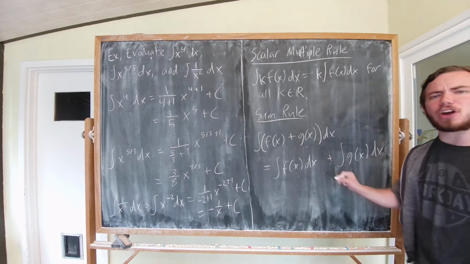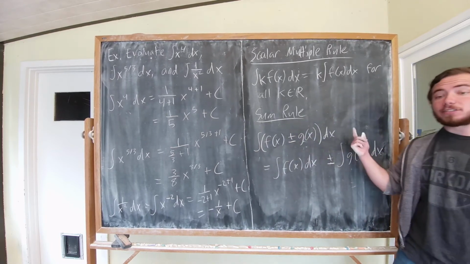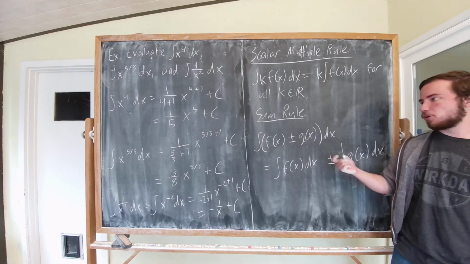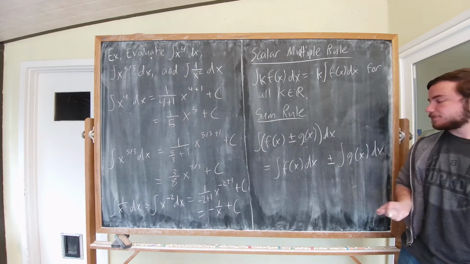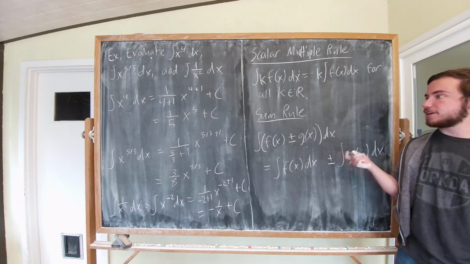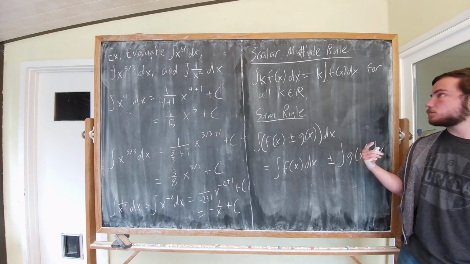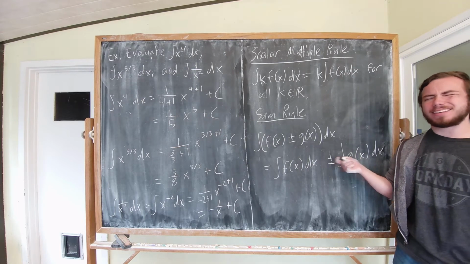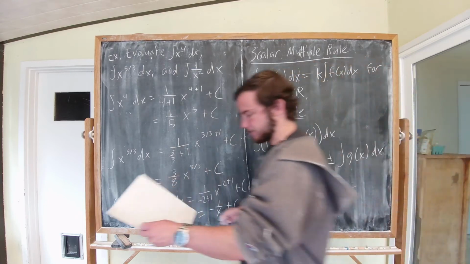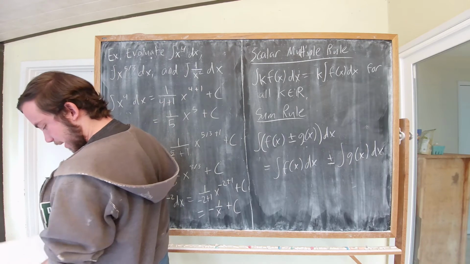And this is true for subtraction as well. To prove these, you apply the corresponding rules of differentiation on each of those sides, and it all works out very nicely. Sweet. So, scalar multiples, sum rule, just ease of life, quality of life update. Okay, next page.